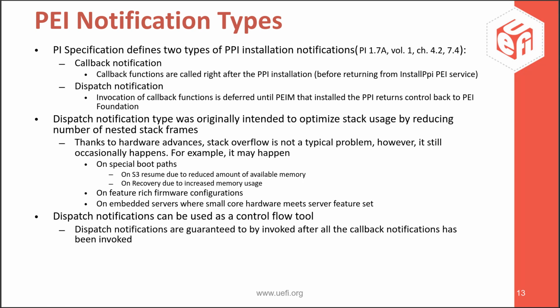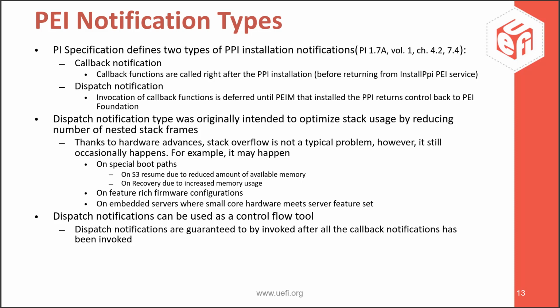Originally, dispatch notifications were created to optimize stack usage. In the case of callback notifications, we are creating nested stack frames. So the PI Foundation calls the PEIM that installs the PPI, and then in turn, we are calling all the callbacks that registered for notification.